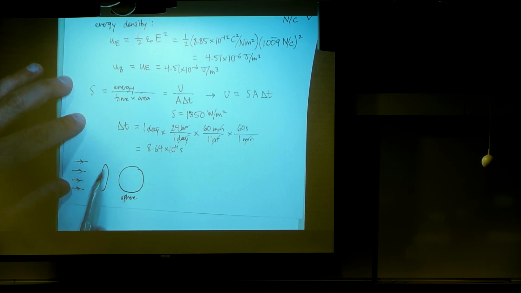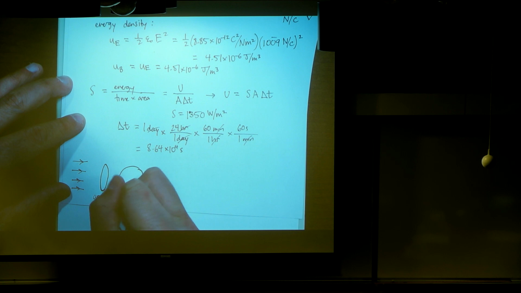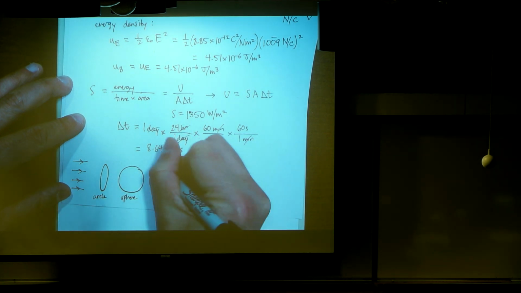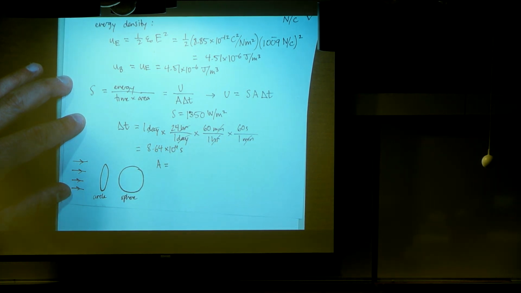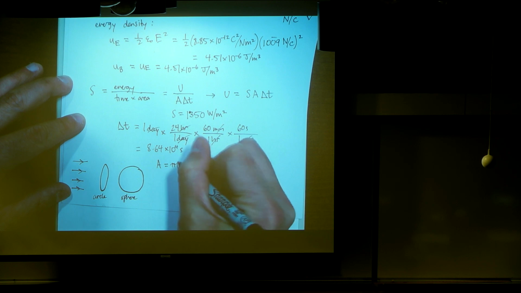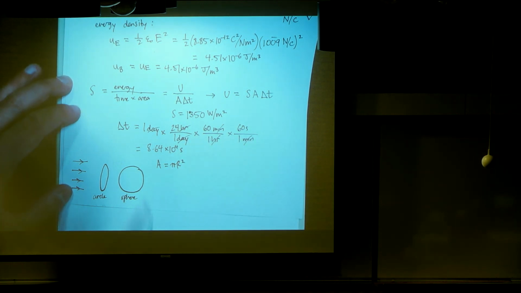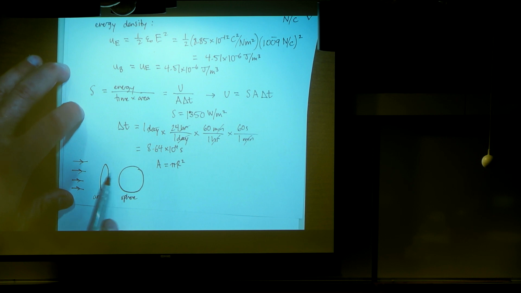So we'd agree, every bit of sunlight that goes through this little circle is eventually going to hit the earth, right? So effectively, the area that we care about is that of the circle, and that's just pi r squared, okay? So that's how we account for the fact that sunlight is only hitting one side of the earth, and it's not hitting all parts of the earth head on, okay?